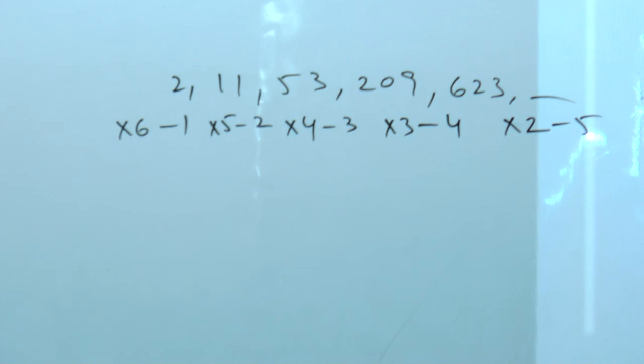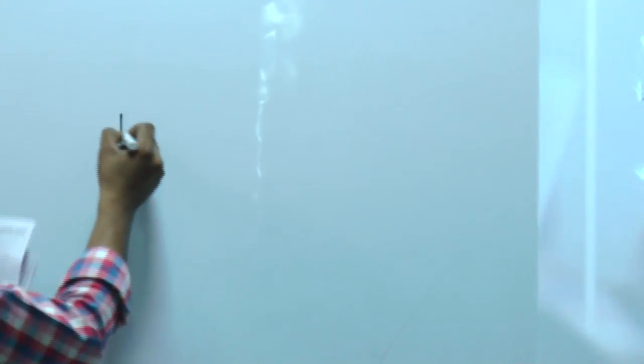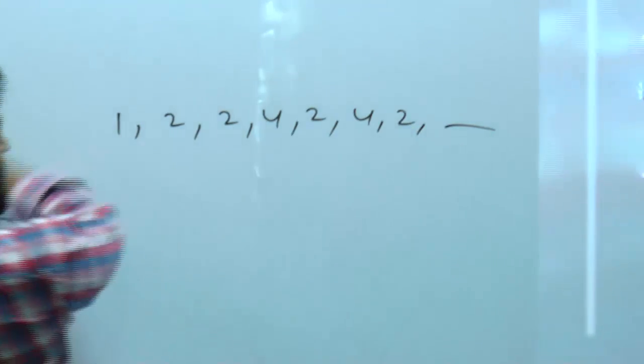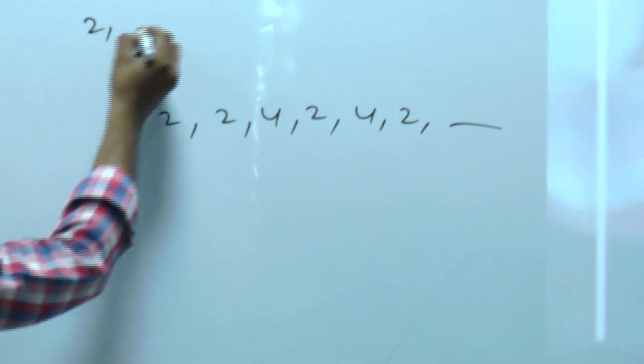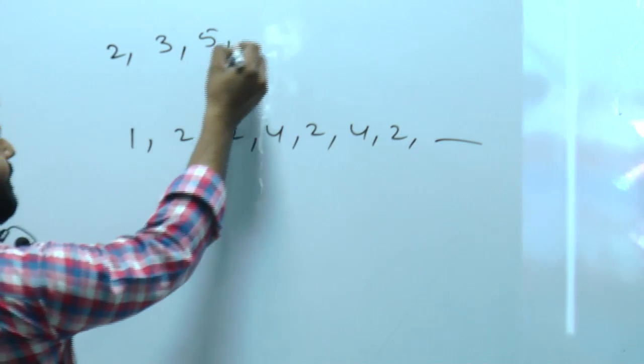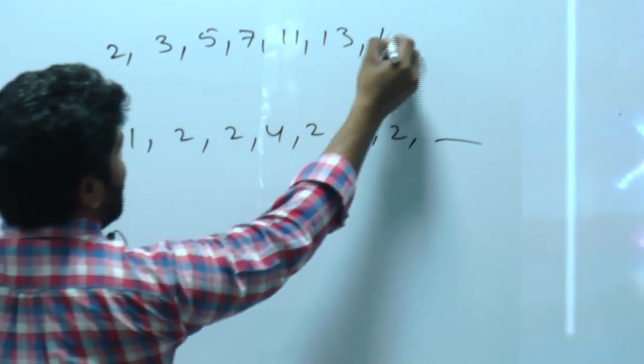Next, 48. 1, 2, 4, 2, 4, 2. Can you tell me the prime numbers? Starting with the first prime number: 2, 3, 5, 7, 11, 13, 17.